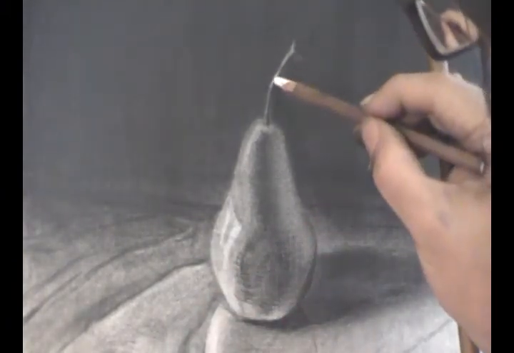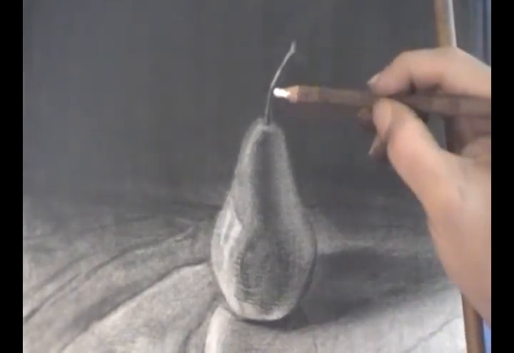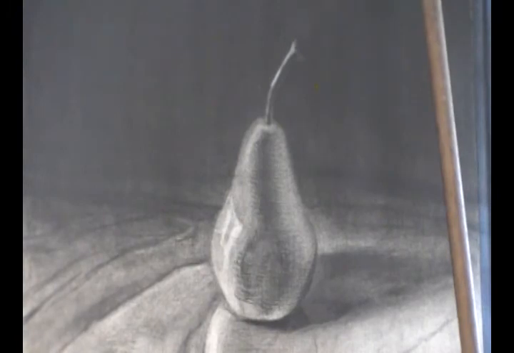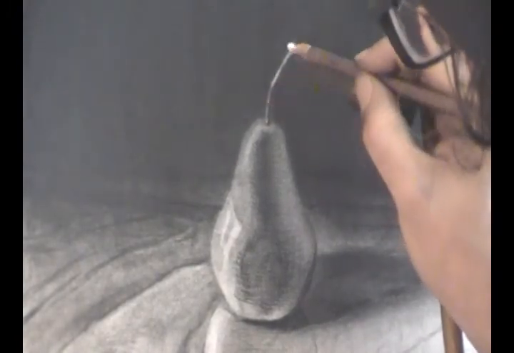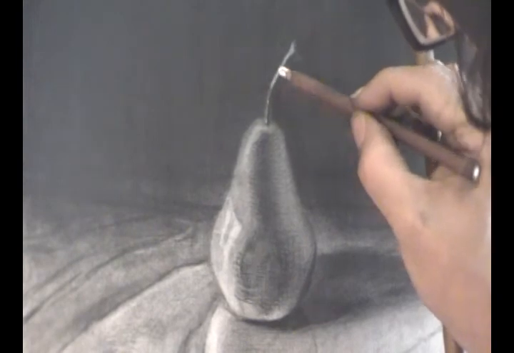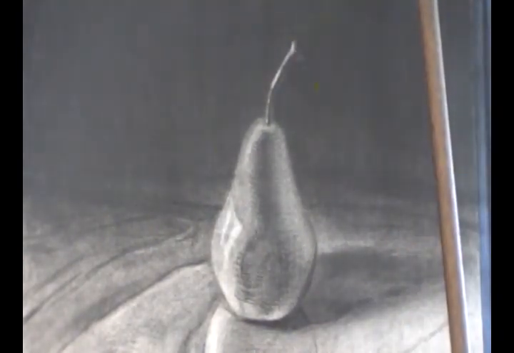Now the angle of the light corresponds with the tilt of the stem. So this part of the stem is not as bright, not as illuminated. There you go. You see that?